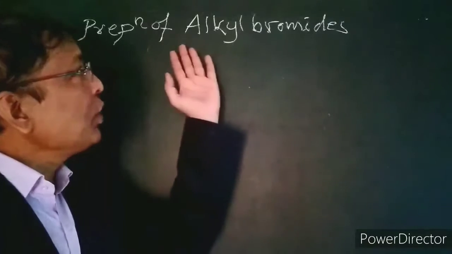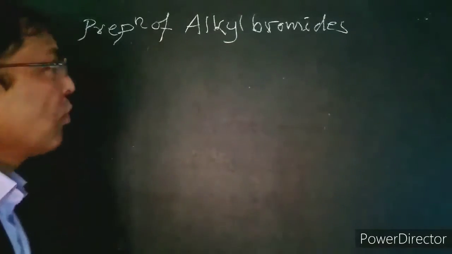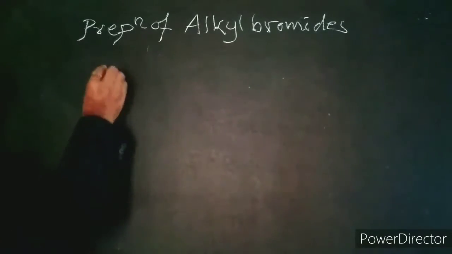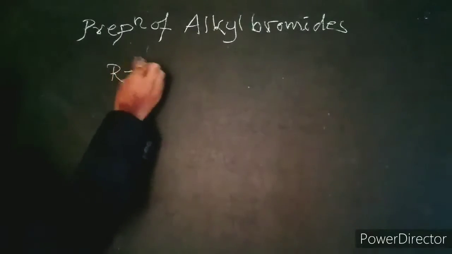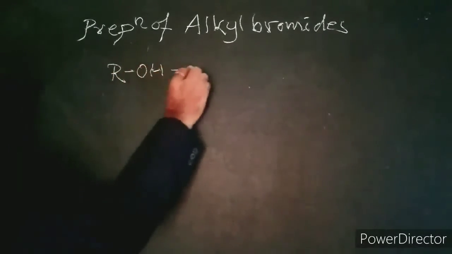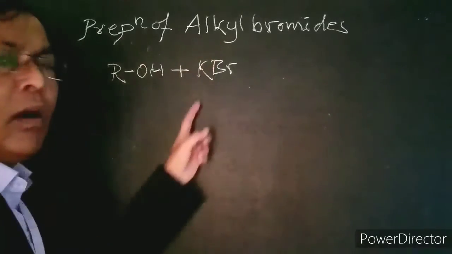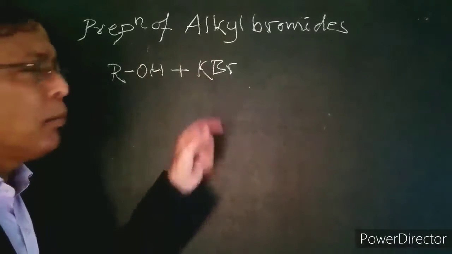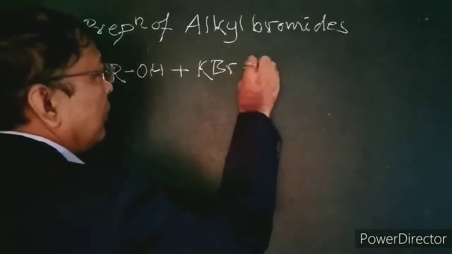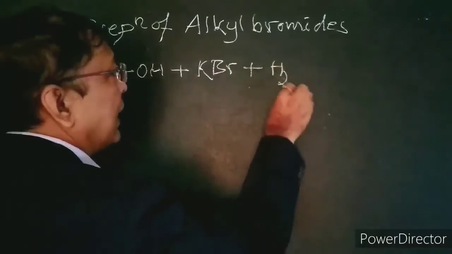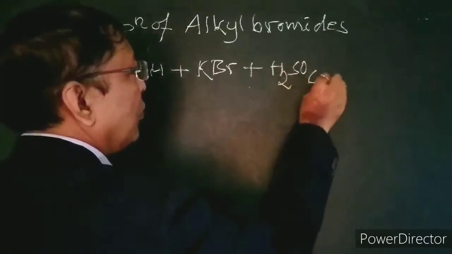Now, preparation of alkyl bromides from alcohols. When alcohols are heated with potassium bromide, KBr, we can also use sodium bromide as well, plus sulfuric acid, H2SO4.